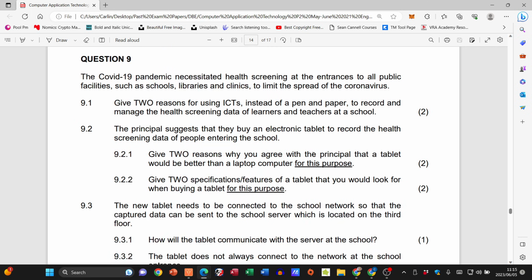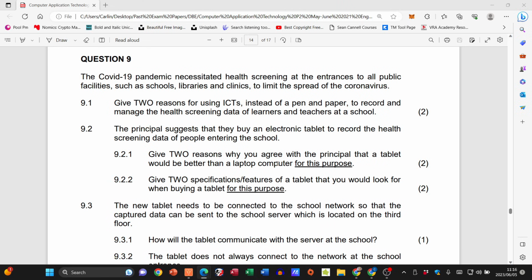So anything like that. The next one, the principal suggests that they buy an electronic tablet to record the health screening data of people entering at school. And I know a lot of schools actually did that. Give 2 reasons why you agree with the principal that a tablet would be better than a laptop computer for this purpose. Well, a tablet is smaller. A tablet is more convenient. It's got a longer battery life. You've got your graphical input.